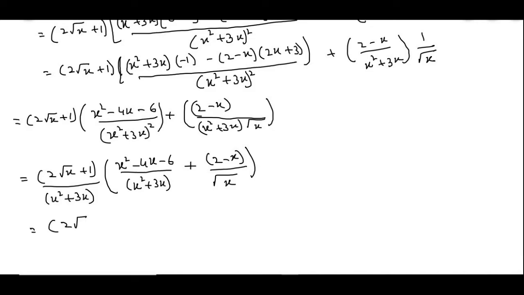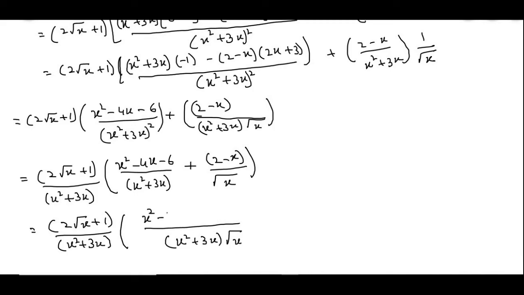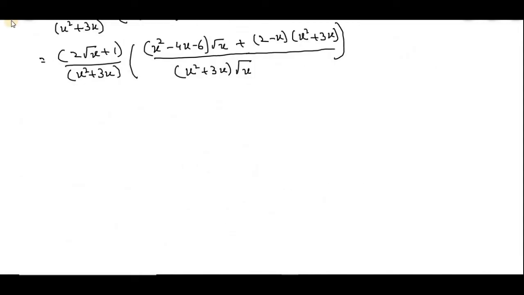Now after taking LCM, we get 2 under root x plus 1 over x square plus 3x, x square plus 3x under root x, x square minus 4x minus 6 under root x plus 2 minus x, x square plus 3x.